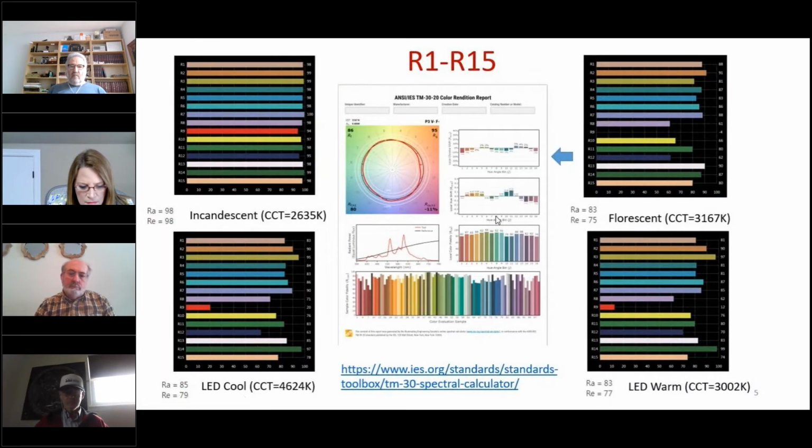Next, we have the R1 to R15. So these are basically CRI indices. Okay, so the idea is that the CRI indices, as I've explained in my previous webinar, show how closely this light source brings out the true color of the objects. If you put an apple in front of sunlight, you see the nice red color of it.